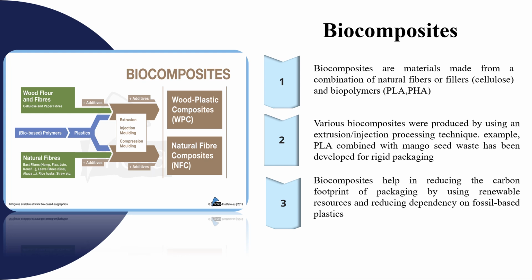And also the biocomposites help in reducing the carbon footprints of packaging by using renewable resources and reducing dependency on the fossil fuel plastics. So biocomposites offer a versatile eco-friendly alternative to traditional packaging materials, combining sustainability with functionality to meet the modern packaging needs.